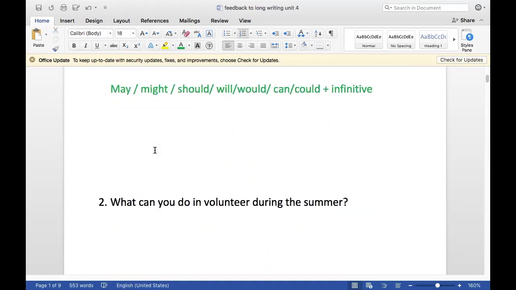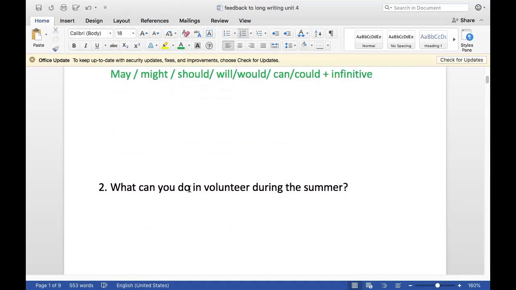And number 2, what can you do in volunteering during the summer? A lot of you have written volunteer as an activity. No, volunteer, when you mean it is a person, it is a noun, it is actually a person who volunteers.